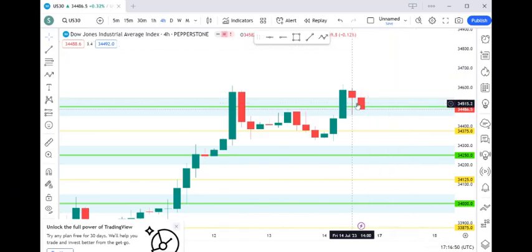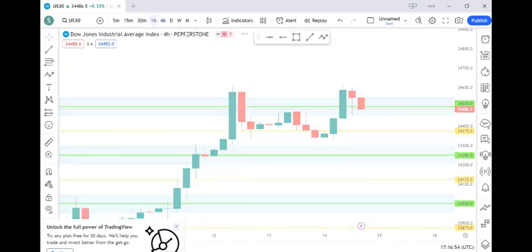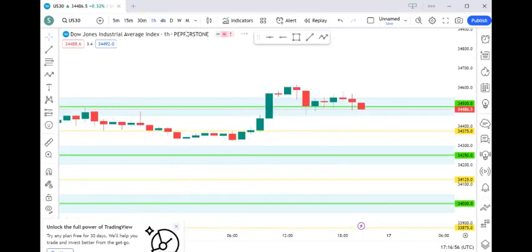Once we confirm the higher time frame direction, we drop to a 1 hour, 30 minute, or 15 minute, looking for chart patterns that confirm the higher time frame direction.